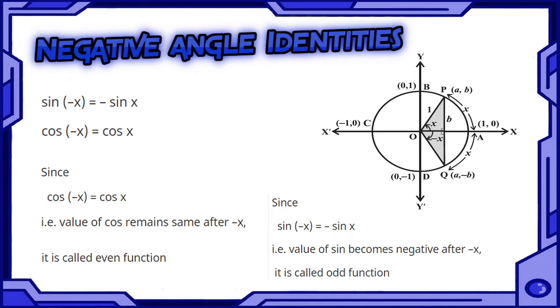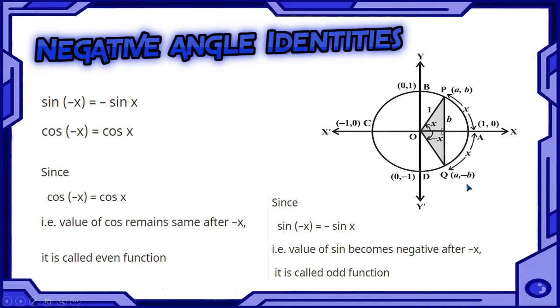Negative angle identities. Here we have taken one unit radius circle. Unit radius circle, students, means wherever the radius is 1 unit. We have taken radius as 1 unit and we have made a circle. Now we have taken a point here A, B on this circle anywhere, and this angle is x. If this angle is x, definitely this is minus x. And you have studied mirror image in class 9th.